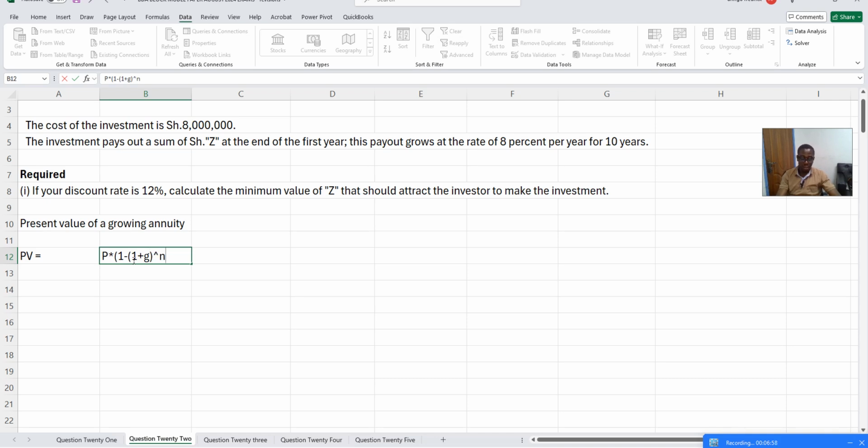In this case, you are going to multiply this by 1 plus r raised to power negative n.